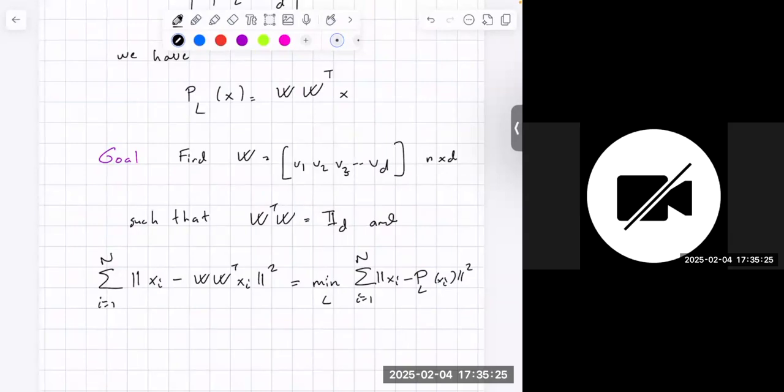I'm taking it minus my data, squaring it, the norm and whatnot, and this is my error notion. I want to minimize this. That means this particular guy, among all possible choices of d-dimensional subspaces, should be the one that minimizes the error. That's what I want for PCA. Okay, so far so good.